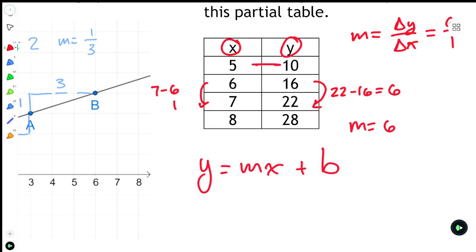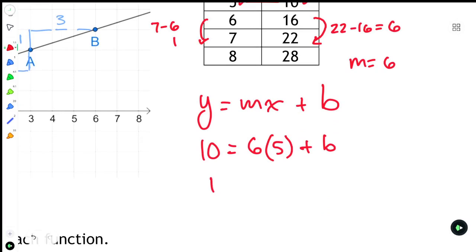I'm going to go ahead and pick this pair. So I'm going to place in that y is the number 10, because that's the y value from that point, equals my slope, which is 6, or 6 over 1, and then times the x value from this pair. The x value is 5, so I'll put a 5 there, and then plus b. So what's b? 10 equals 30 plus b.